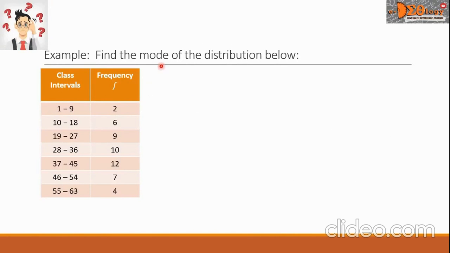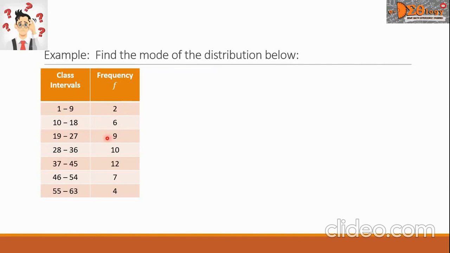Let us see this example. Find the mode of the distribution below. We have 1, 2, 3, 4, 5, 6, 7 classes. There is a frequency of 2 for the first class, 1 to 9. A frequency of 6 for the class interval from 10 to 18.